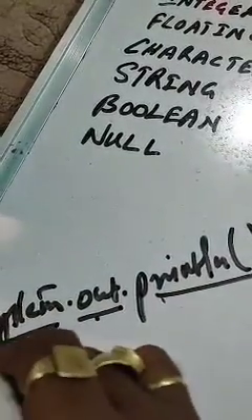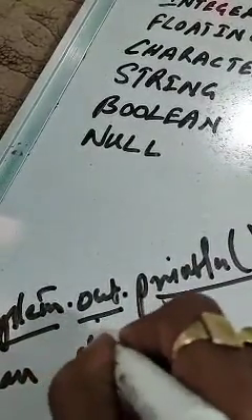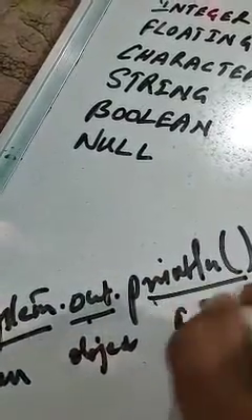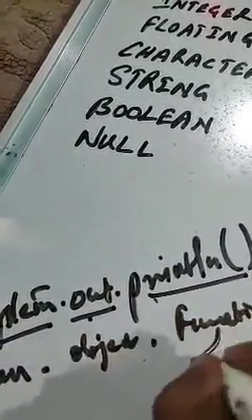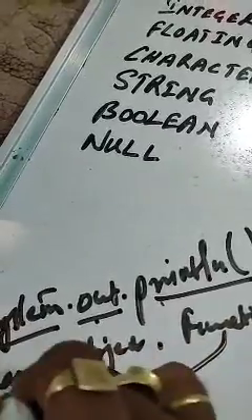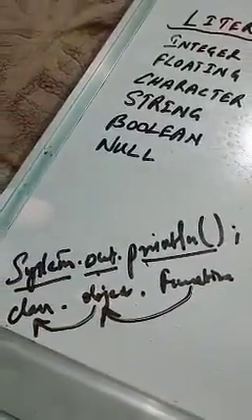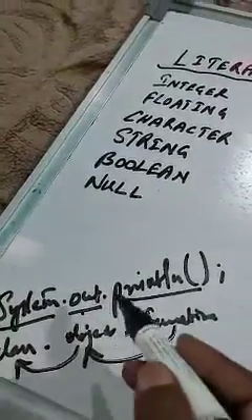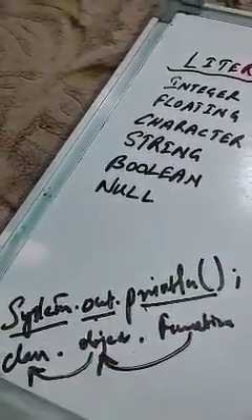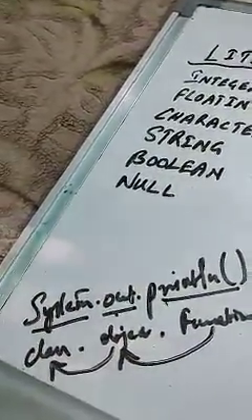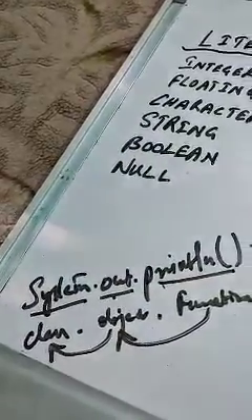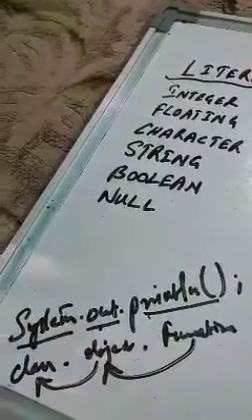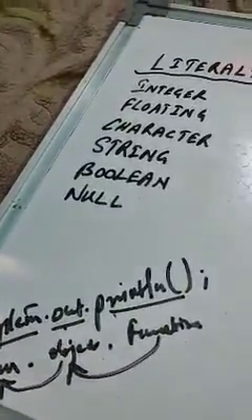So this is your class, this is an object, and this is your function. Function belongs to object and object belongs to class. That is, a function is an instance of an object and an object is an instance of a class. As we have already discussed in previous classes, an object is also known as an instance of a class. Please remember this one.